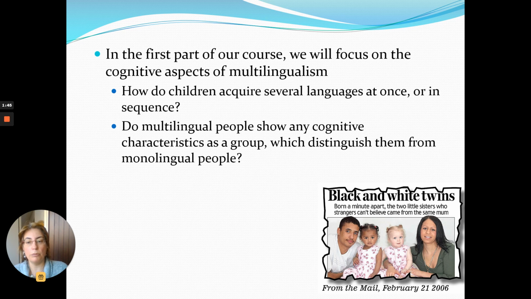Keep in mind that when we're making the comparison between multilingual people versus monolingual people, they're still people. They're still very different individuals that vary on all kinds of psychosocial and personal characteristics. But still, we're going to make this huge simplification, where the relevant difference is going to be whether they speak one language or more than one language.